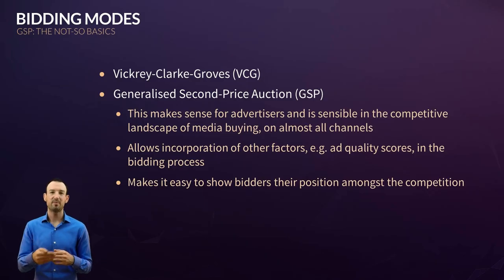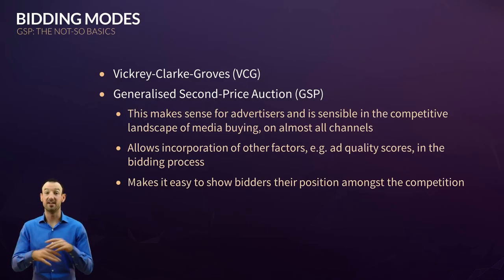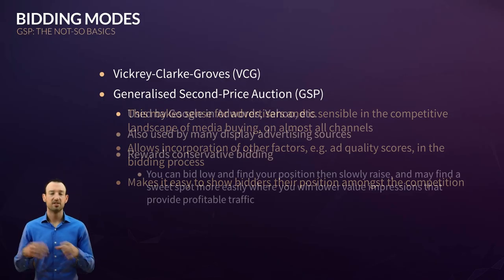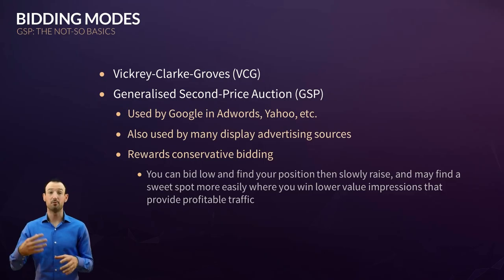GSP makes a lot of sense in an environment where there are multiple versions or quantities of some product up for sale. In the advertising ecosystem, this is going to be the first impression on a website, or the impression at a top ad slot versus an ad slot lower in some sort of delivery column. That makes sense and has some practical benefits.